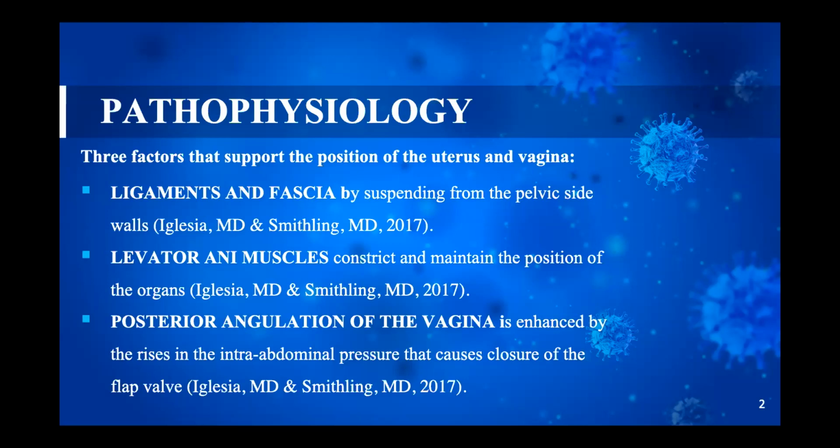The second is the levator ani muscles. They constrict and maintain the position of the organs. And the third is the posterior angulation of the vagina. It's enhanced by rises in intra-abdominal pressure that cause closure of the flap valve.